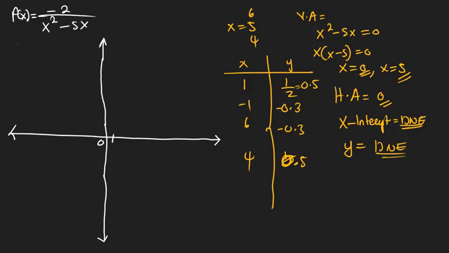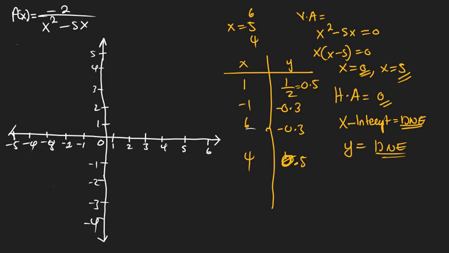Okay, let me just go 1, 2, 3, 4, 5, 6, the biggest number. 1, 2, 3, 4, 5, 1, 2, 3, 4, 5, negative 1, negative 2, negative 3, negative 4.